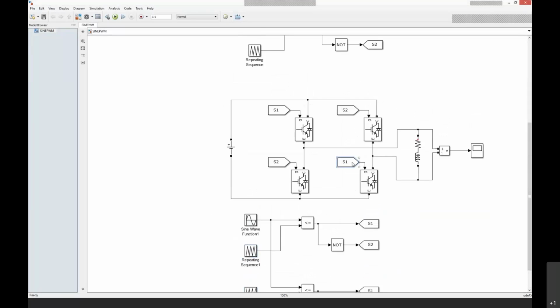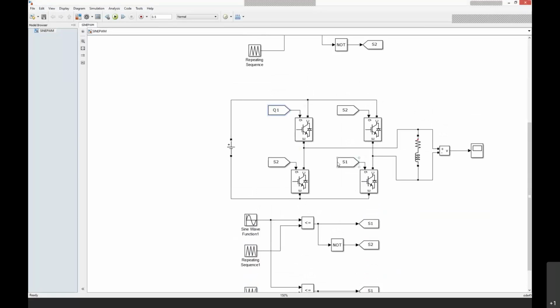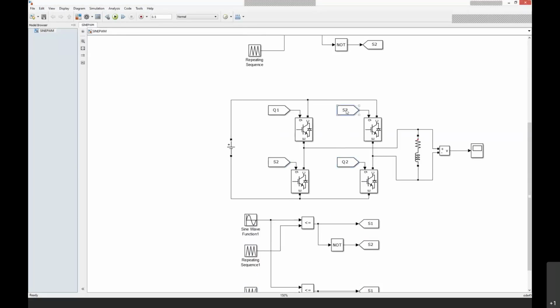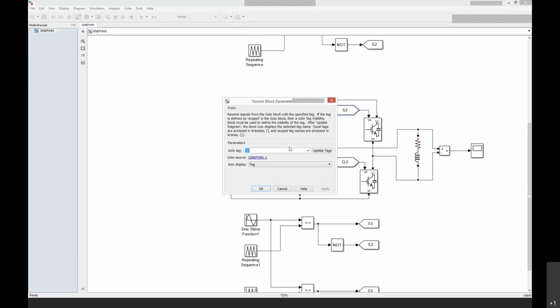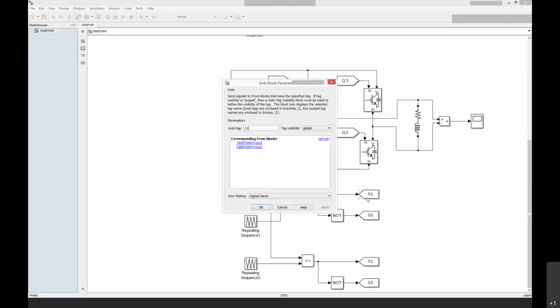We'll change the labels, so maybe you can use Q1, this is Q2, this is Q3, and this is Q4. That means Q1, Q4 are controlled by this one.